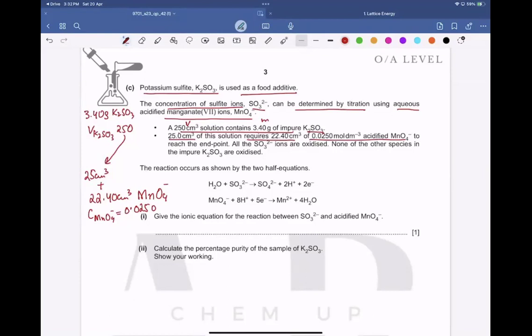Is this understandable to all of you? That is how the reaction has been performed.